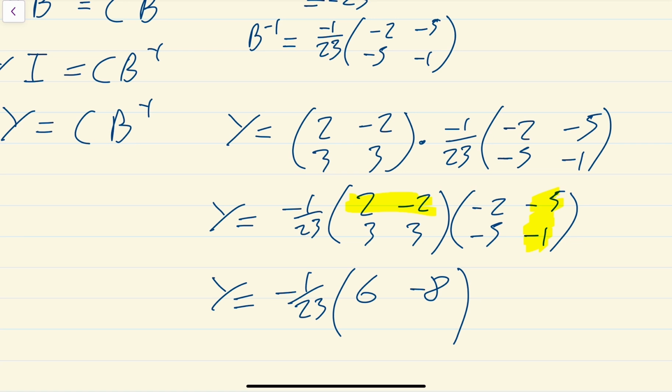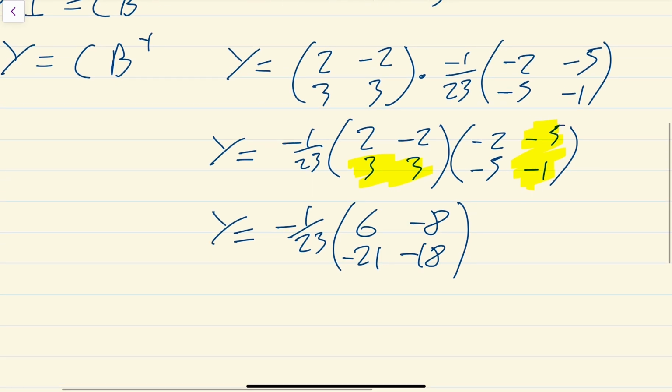Now the second row, first column: 3 times minus 2 plus 3 times minus 5 gave me minus 21. And my last one, second row times second column: 3 times minus 5 plus 3 times minus 1 equals minus 18.